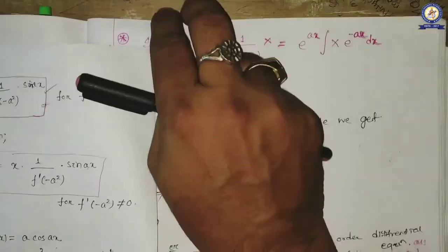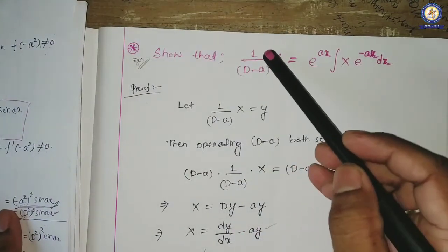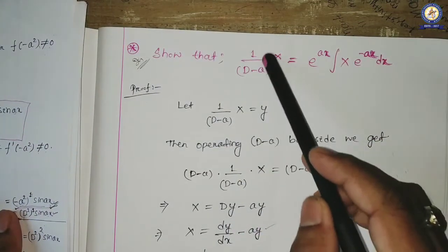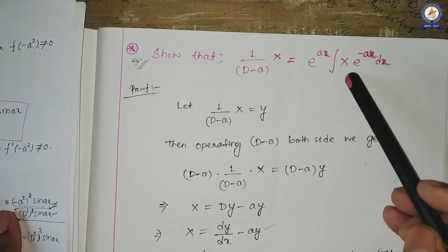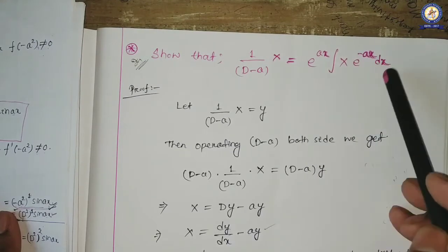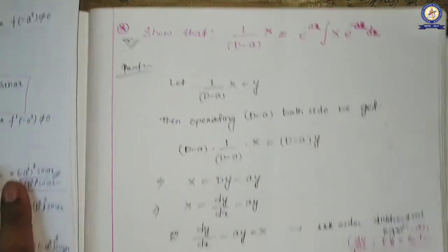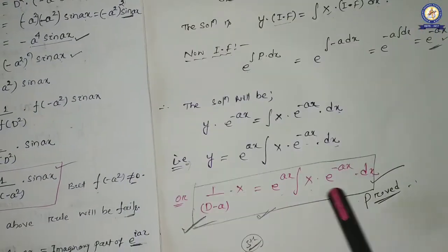And also this proof we have discussed, that 1 by (D minus a) into X will be equal to e to the power ax times the integration of X e to the power minus ax dx, which will be very essential for numericals.